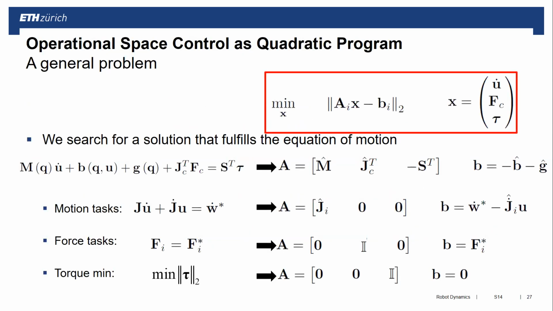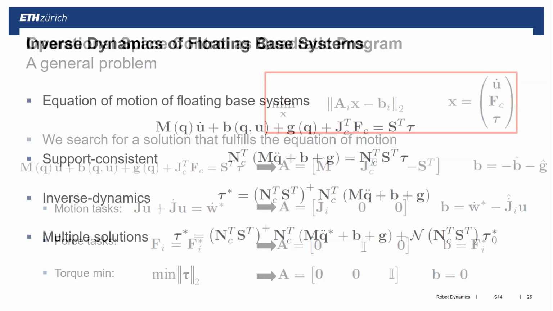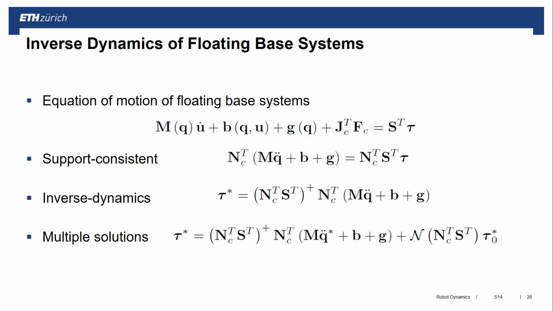So let me finish this and then we have a break after that. Bringing all of this together meant that we always had a task that must be fulfilled. We have here linear dependency on u's, on forces, on torques. When we looked at the kinematic descriptions, we had linear dependencies between task space velocity, w, and joint space velocity, q dots. So we always have these linear dependencies, and we want to optimize for something.